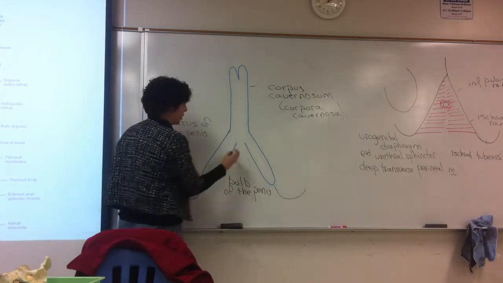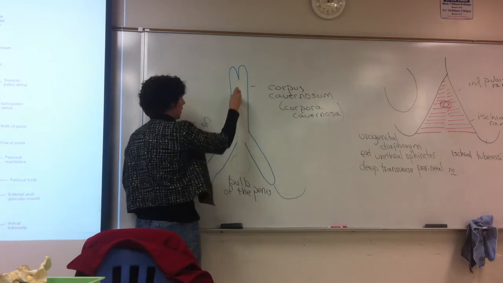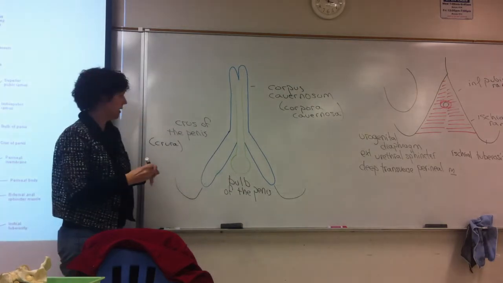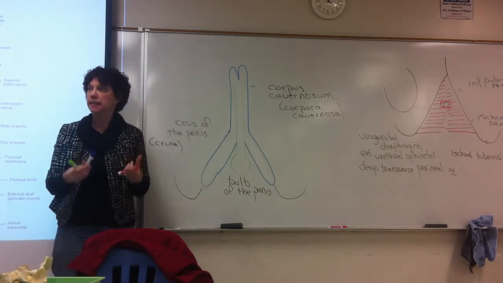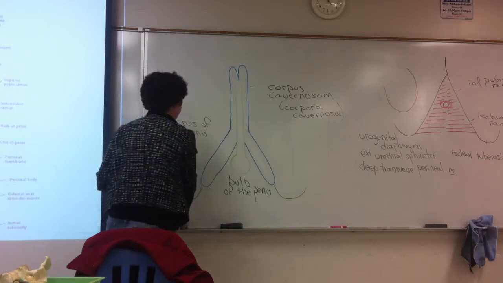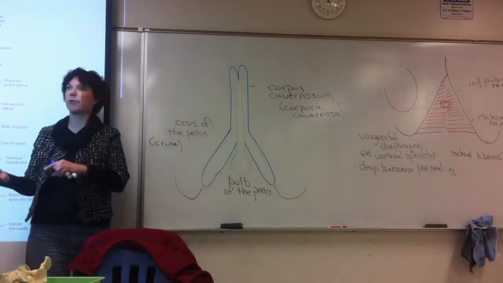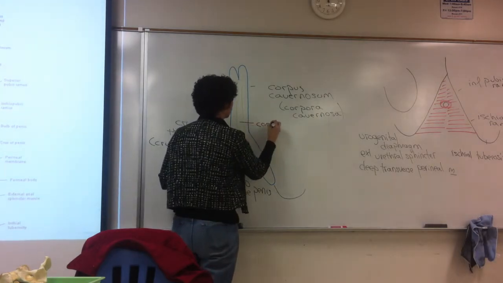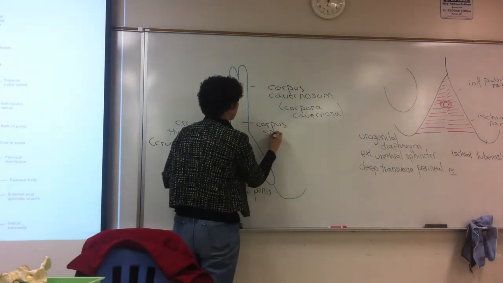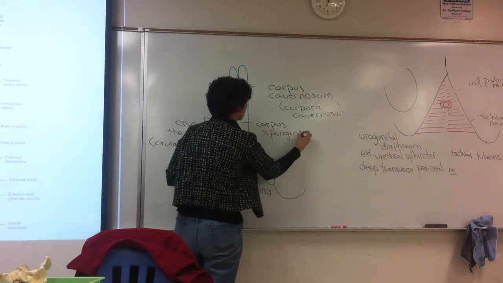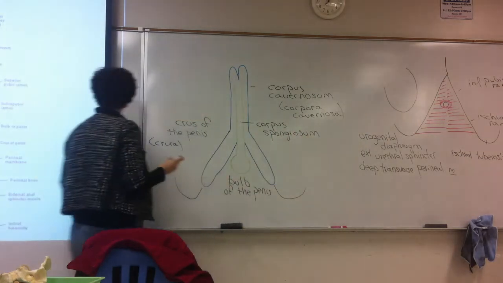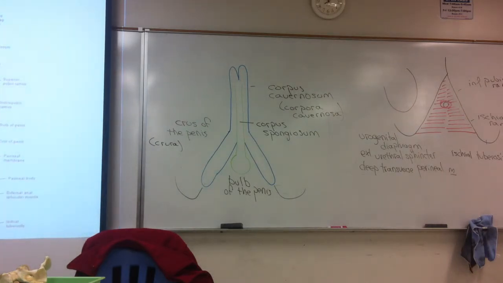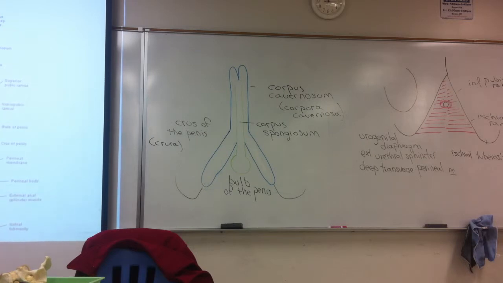And then it has a shaft that extends onto the ventral surface of the penis, and that is the corpus spongiosum, which is why we also call the penile urethra the spongy urethra, because it's found within the corpus spongiosum. There's only one of them. So here would be the bulb, and all of this along here is corpus spongiosum.